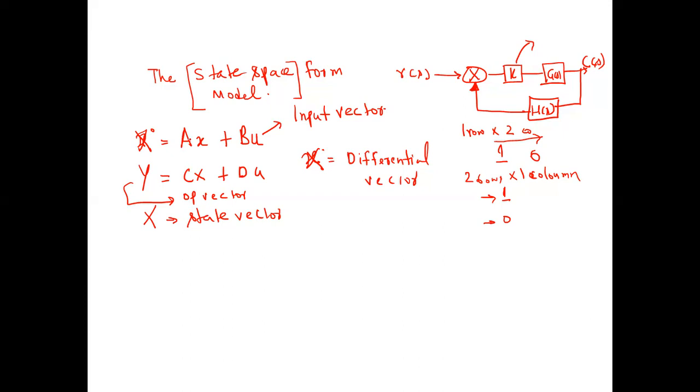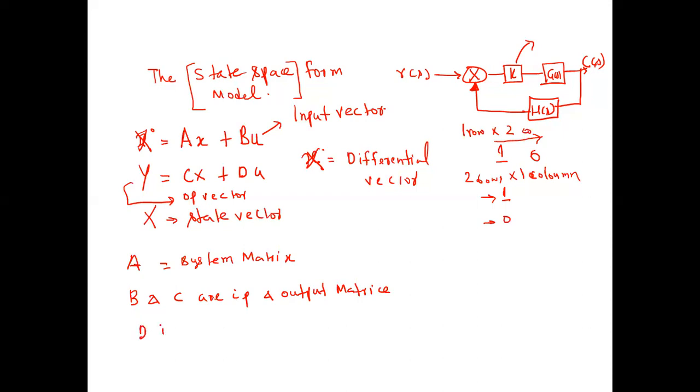This matrix A here is called the system matrix. Whatever the system, whatever the plant generates, is that system matrix. B and C are the input and output matrices, and the D term here is the feed forward term.